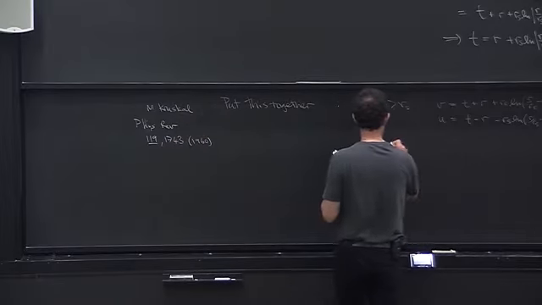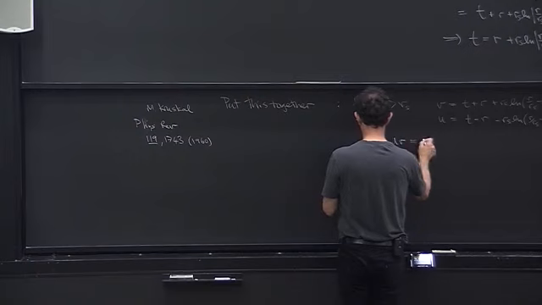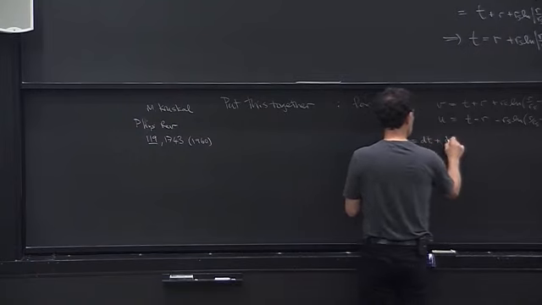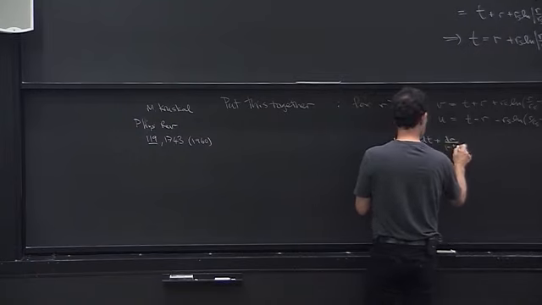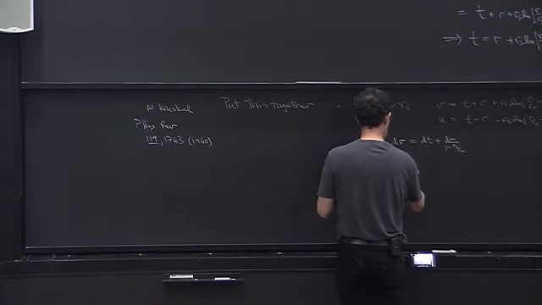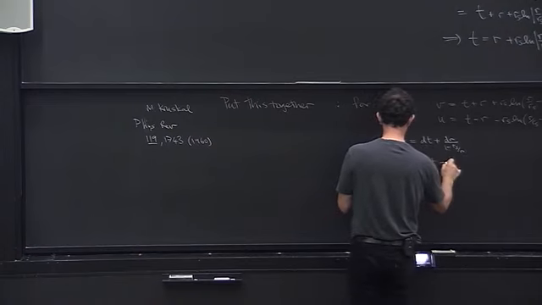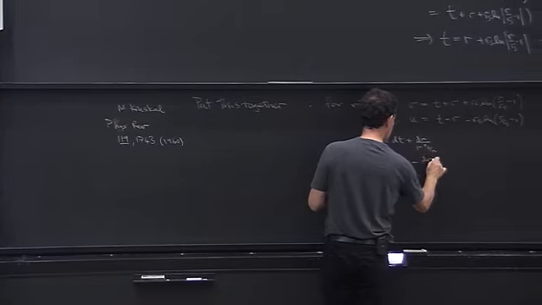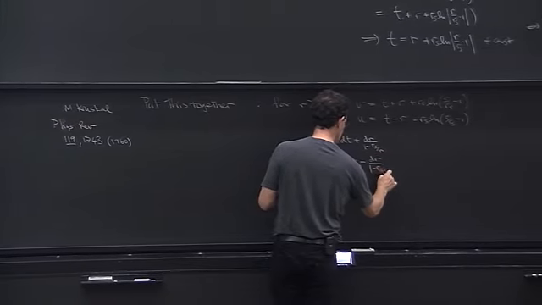We also have that dv is equal to dt plus dr over (1 minus rs over r), and du is dt minus dr over (1 minus rs over r).